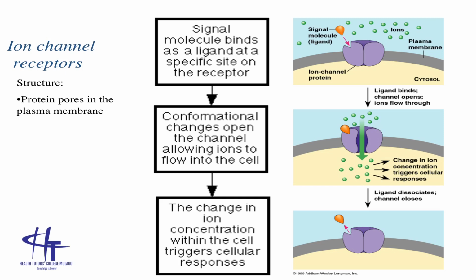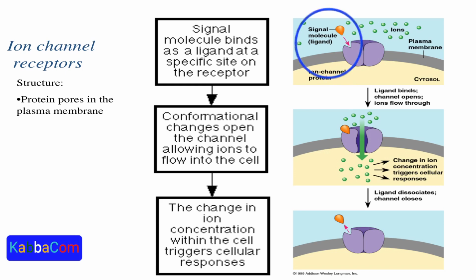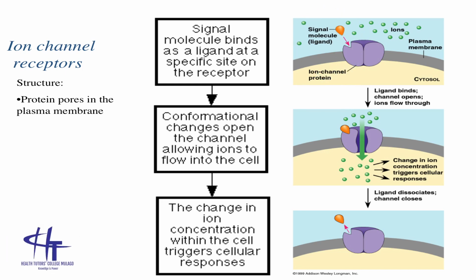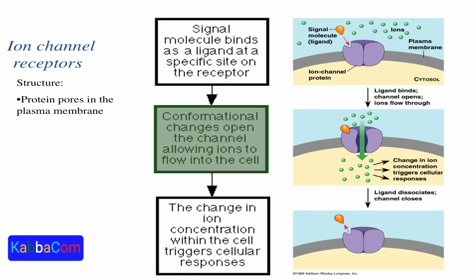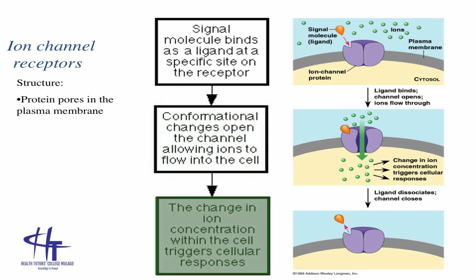Now once the ligand binds, and in this particular context the drug is our ligand, it opens up that channel, what we refer to as the ion channel. So once it opens, ions flow inside the cell, intracellularly, and then from there we have changes.